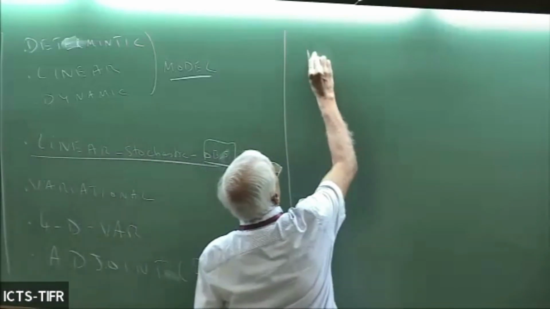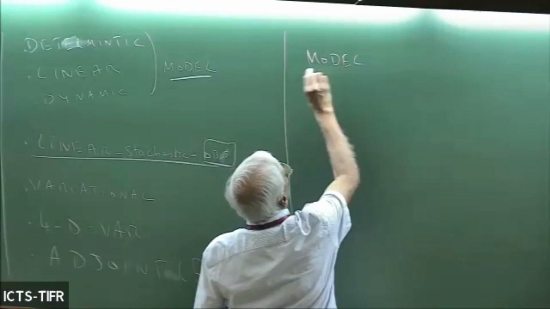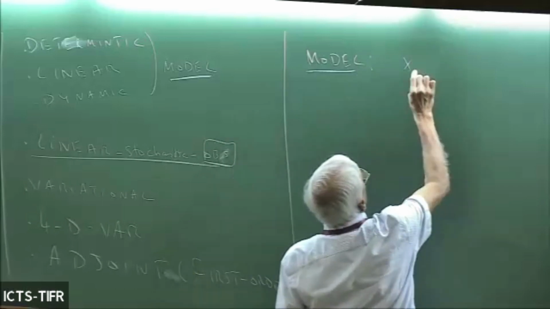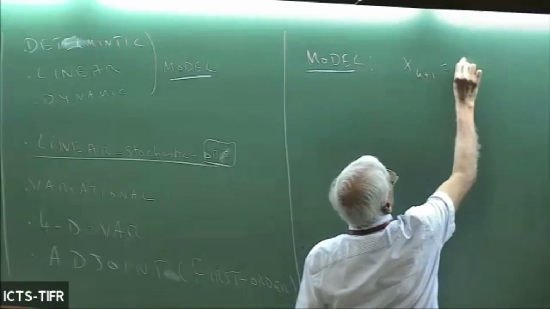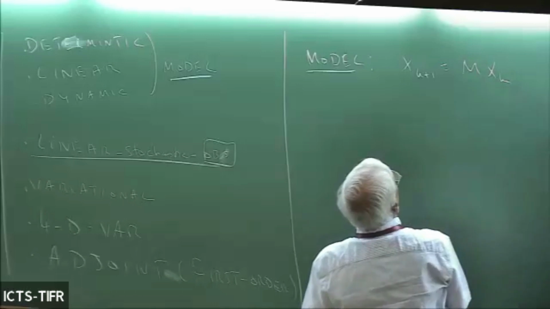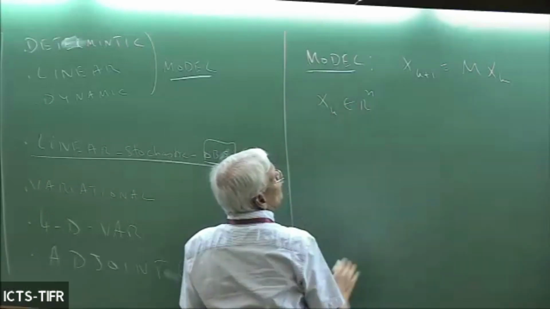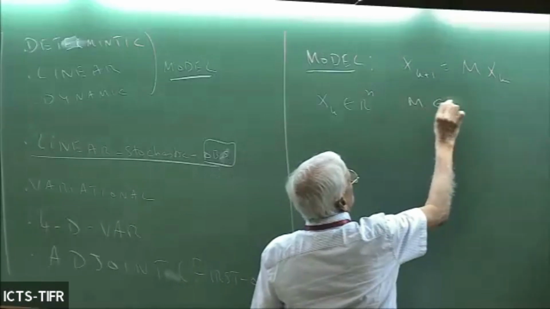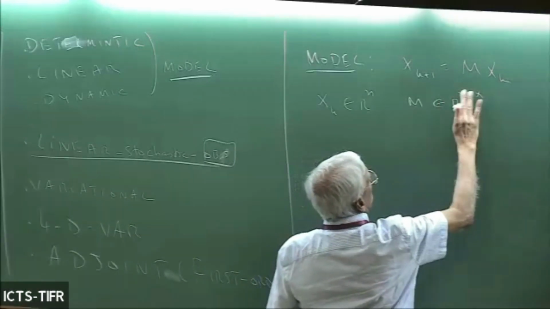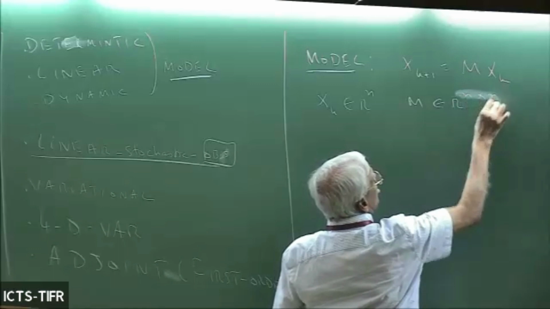So the model. The model is xk plus 1 is equal to M times xk. Xk is a vector in Rn. M is an n by n matrix.